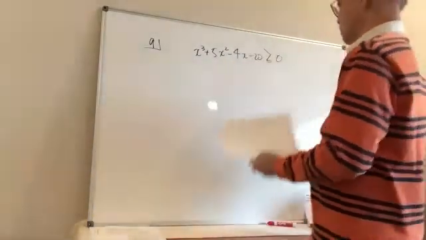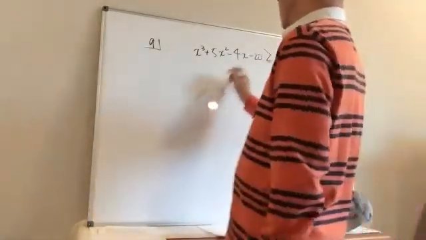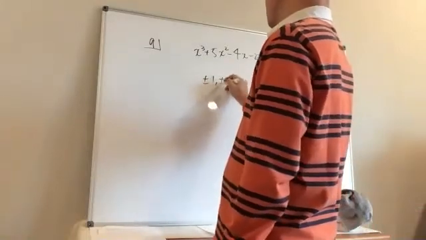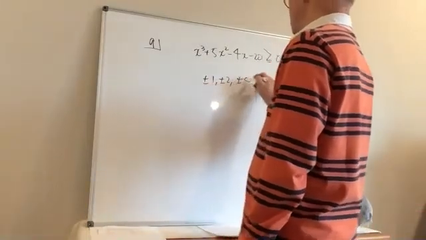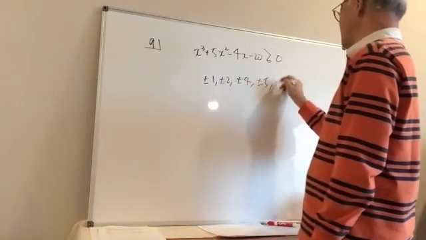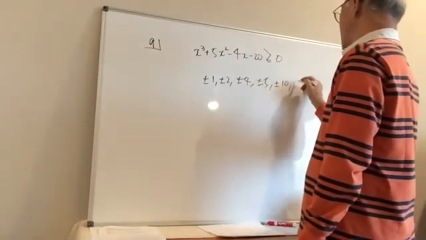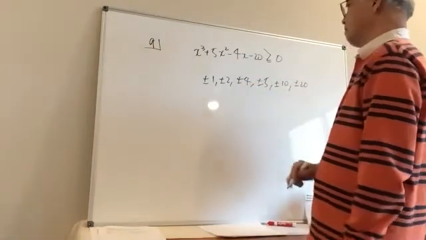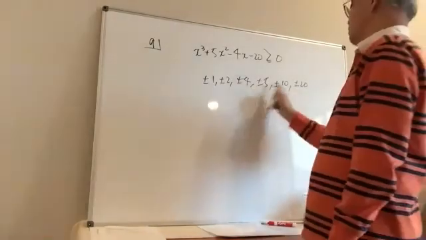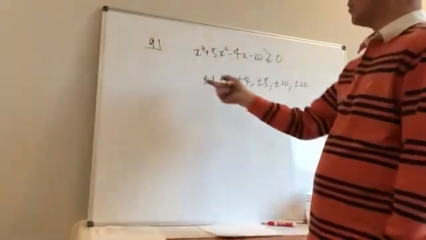All right. So again, I'm going to get what? The possibilities are plus or minus 1, 2, 4, 5, 10, 20. 1, 2, 3, 1, 2, 3. So 6, 12 different ones.